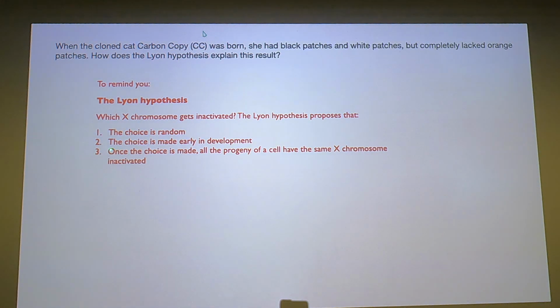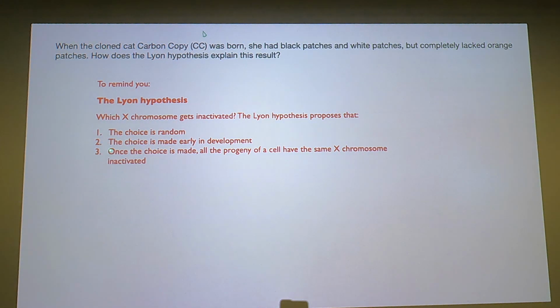Look at that second point there. So what would you infer from this? That epithelial cell had already made the choice, right? It was already committed. It already shut off the yellow chromosome and was only making black pigment.